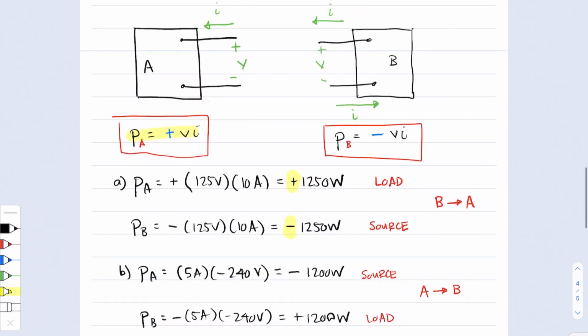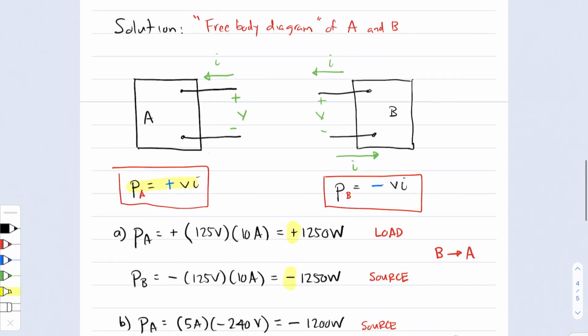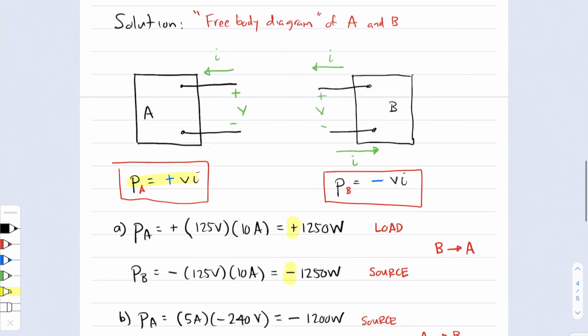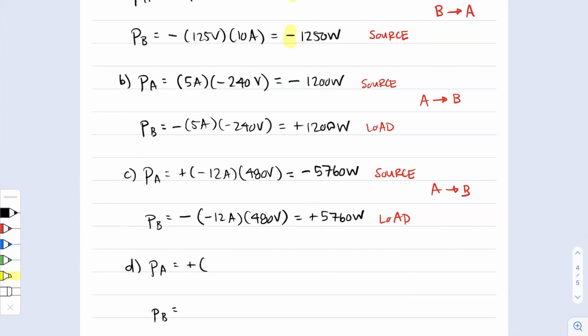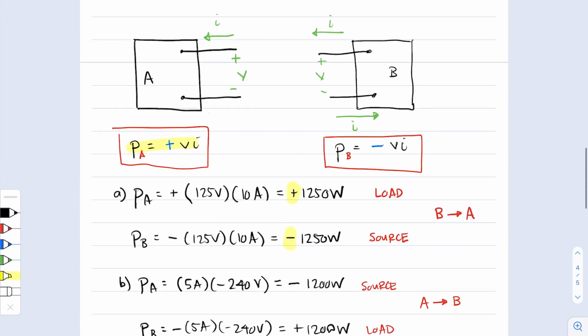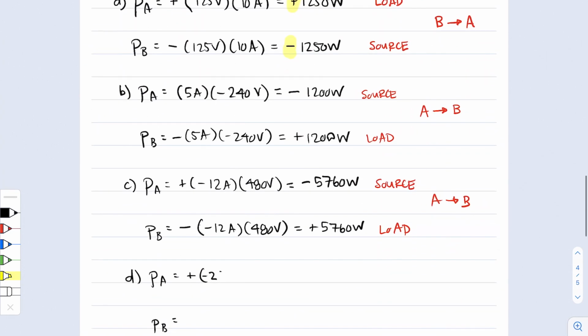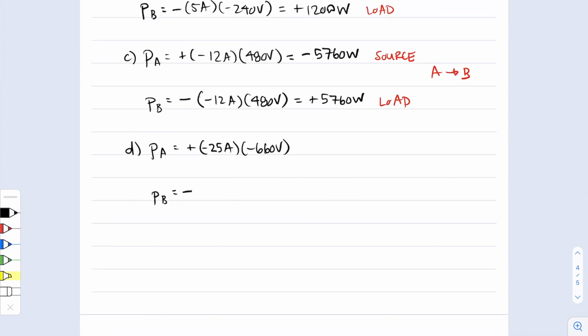We have the voltage and current as negative 25 amps and negative 660 volts. So negative 25 amps, negative 660 volts. And then here for B, I have to add in that minus sign by hand, minus 25 amps, minus 660 volts. And this will end up being positive, this will end up being negative.